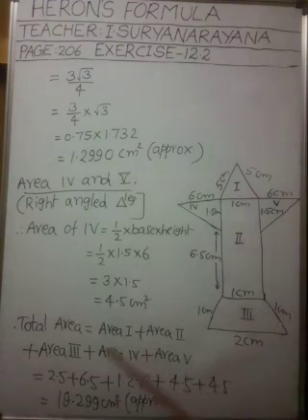That is equal to, we have already found the area of the first region, that is 2.5, plus area of the second region 6.5, plus area of the third region 1.299, area of the fourth region 4.5, and area of the fifth region also 4.5. Understood this step, my children? Right. By adding all these 5 numbers, we get 19.299 centimeter square approximately. Understood this, my dear children? Right.